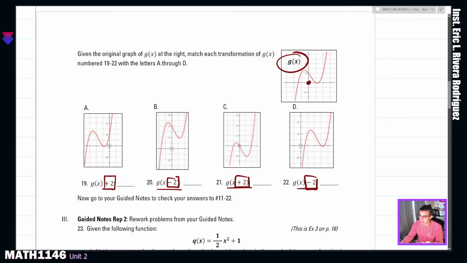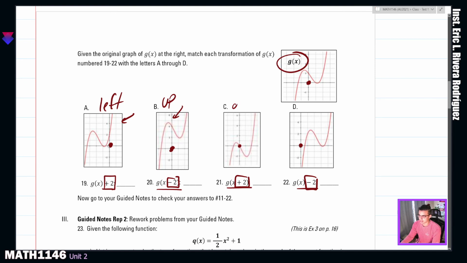You are going to use that point as a reference, because if you compare all these images with that reference point, you will see that this graph has changed. Here it seems to be a little bit to the left. Here it seems to be up, so left, up.